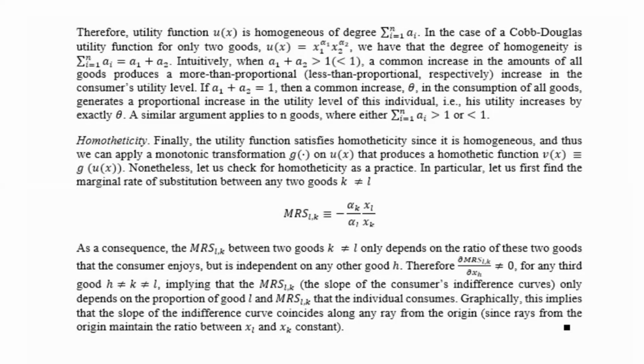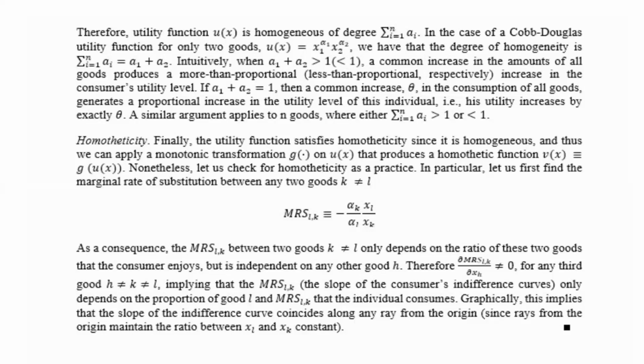But when a1 plus a2 is less than 1, this is called less than proportional. And when a1 plus a2 is equal to 1, then a common increase theta in the consumption of all goods generates a proportional increase. So here summation of ai can be greater than 1, less than 1, or equal to 1. So we can see that this utility function is homogeneous.